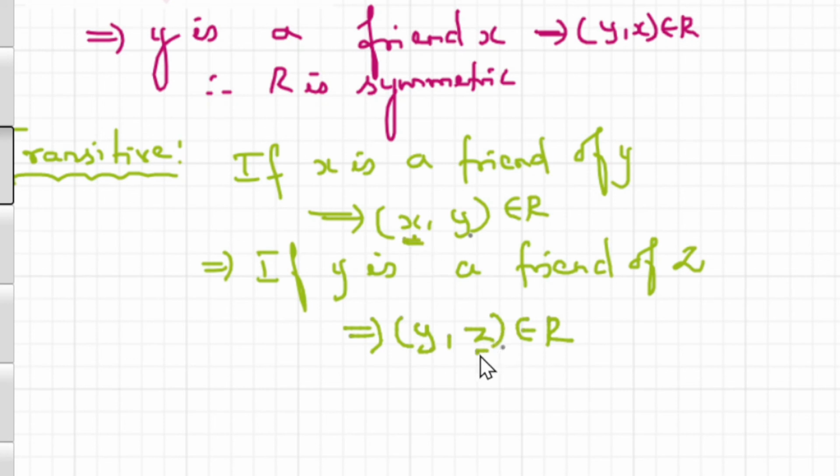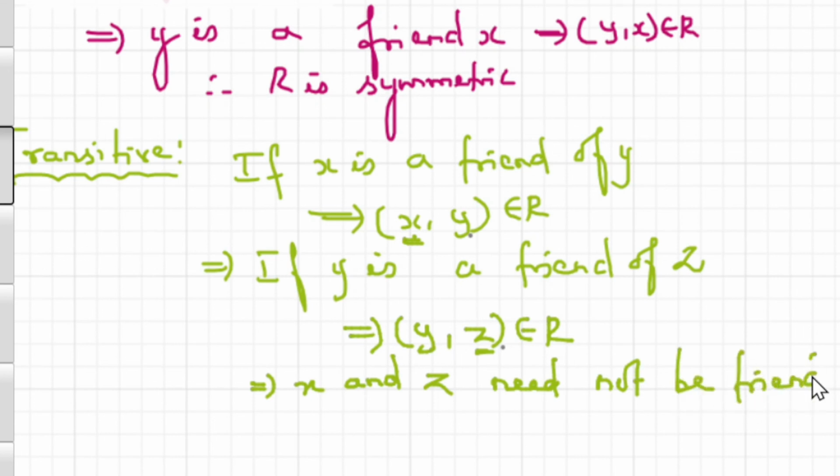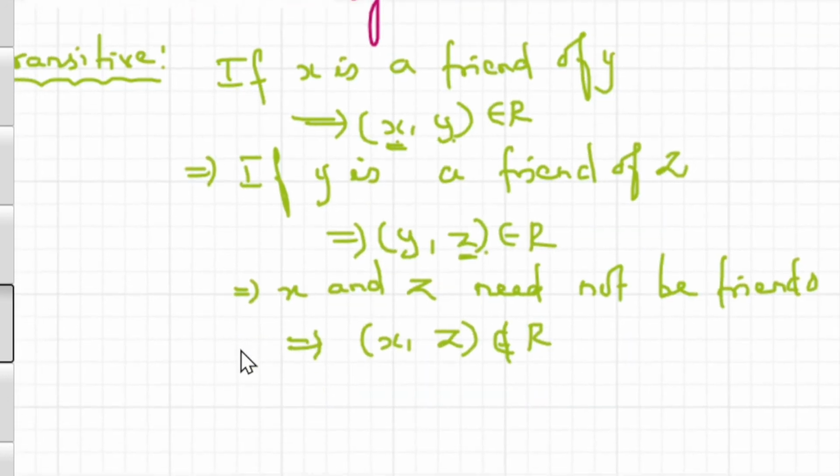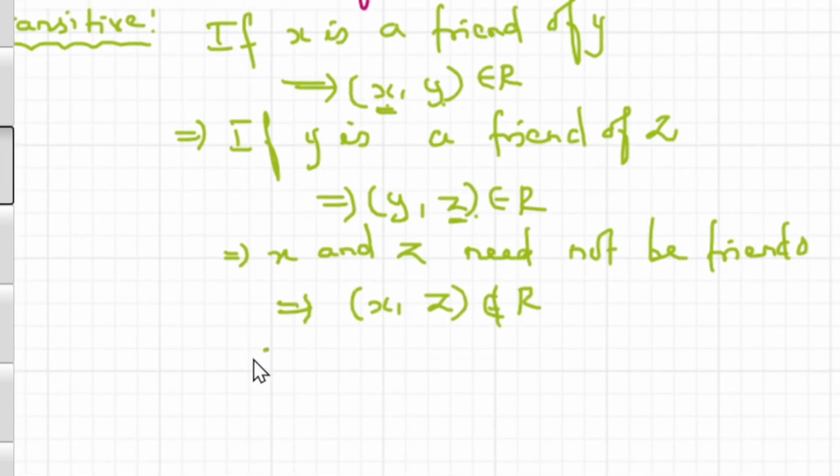We cannot say X and Z are friends, no? So therefore X and Z need not be friends. So therefore X comma Z does not belong to the given set R. Therefore it is not transitive.